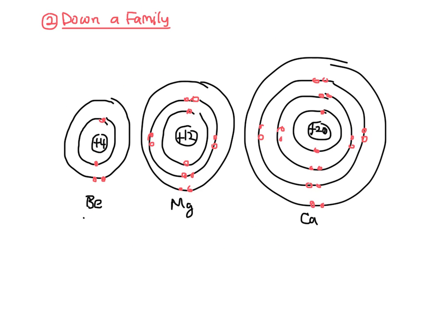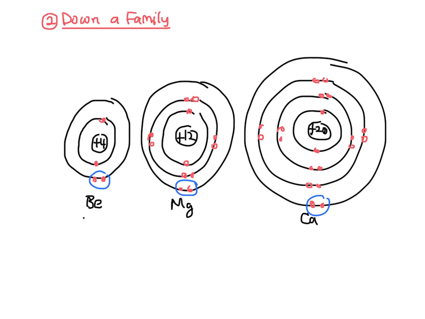And so the same thing applies as you go down a family. Remember, as you went down a family, you got an increase in atomic radius because you're adding a whole new energy level. And so the energy required to remove a valence electron from the outer energy level gets easier and easier, less and less energy, because your radius is getting larger and larger.